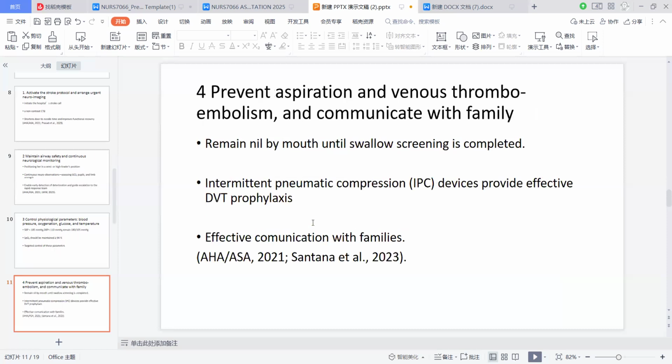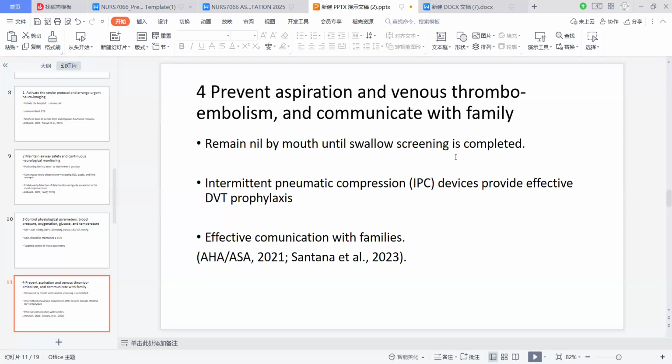The final thing I want to emphasize is that we need to prevent aspiration and venous thromboembolism, and also communicate with the family on time. The patient should remain nil by mouth until the swallowing screen is completed. Appropriate aspiration precautions and oral care reduce pneumonia risk.